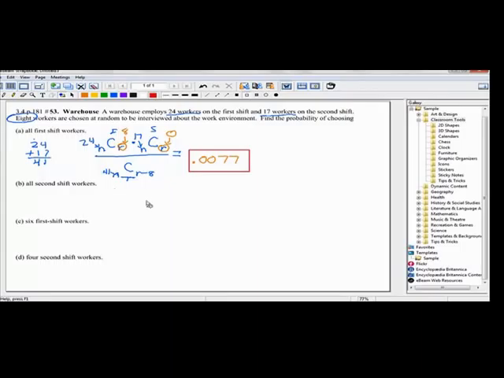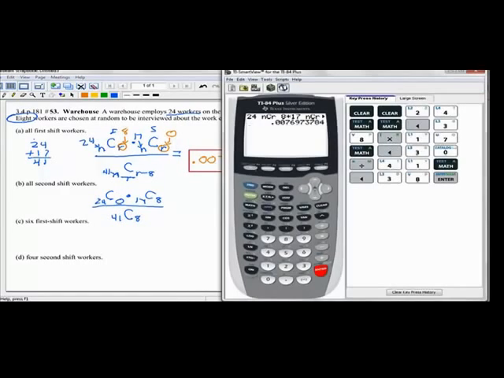Now let's take a look at part B. We've got all second shift workers. So it's still 24 choose 0, because if we're choosing all second shift, we have no first shift workers, and then 17 choose 8, and the denominator is again 41 choose 8. In our calculator, we can hit second enter, and it'll bring up what we had last time.